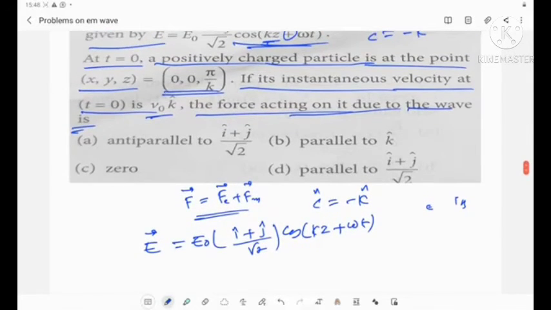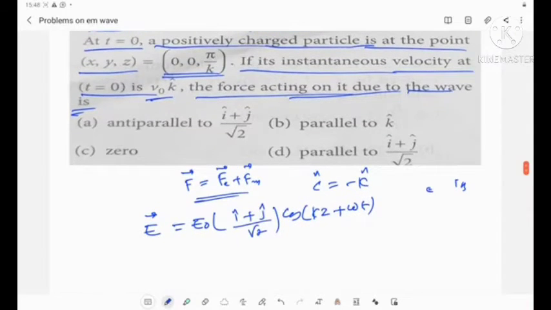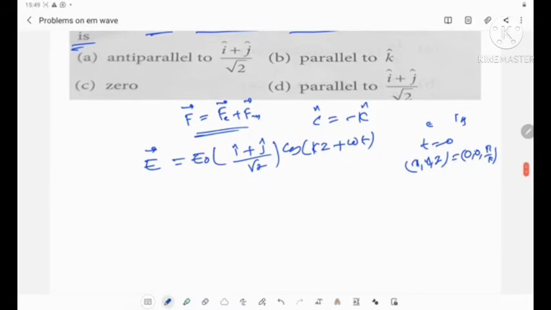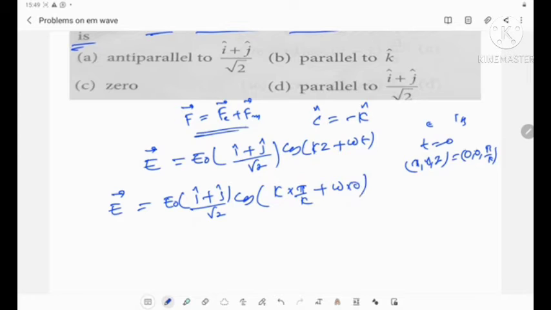At time t is equal to 0, x, y, z is equal to 0, 0, pi by k. So E bar is equal to E naught into (i plus j cap) by root 2 into cos of k into z, which is pi by k, plus omega into 0.